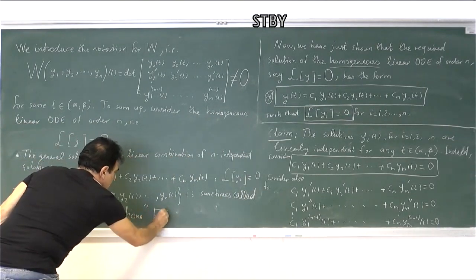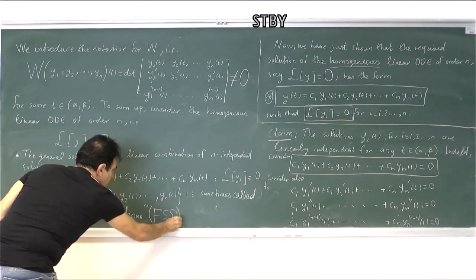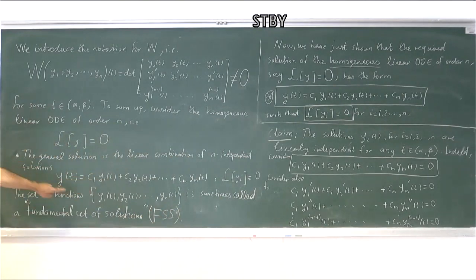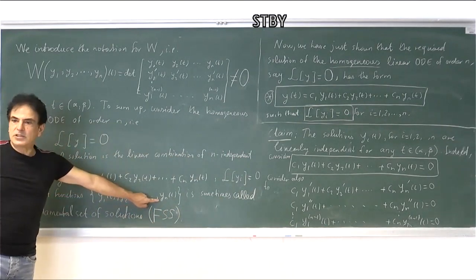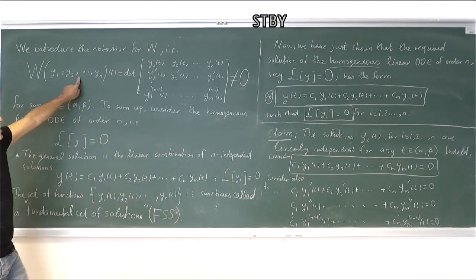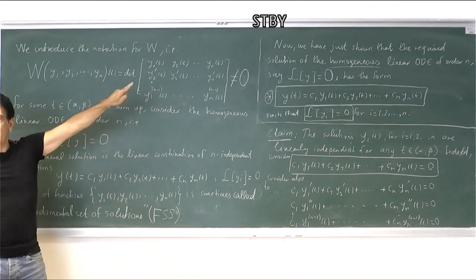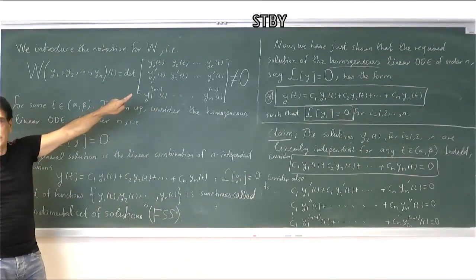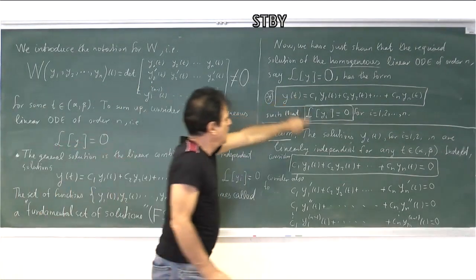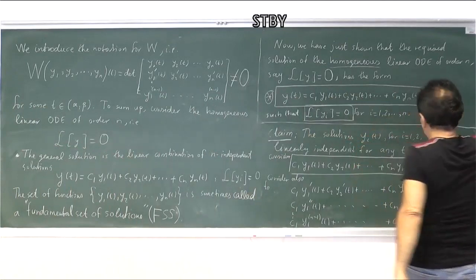That is, the Wronskian determinant of these n functions so defined must be non-zero for some t0 in the alpha beta interval.